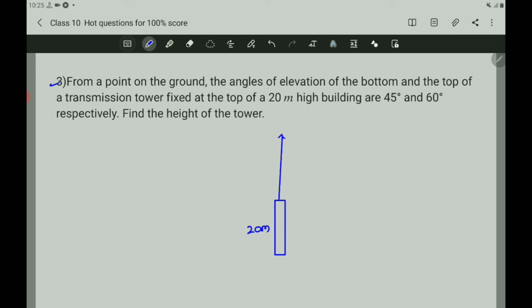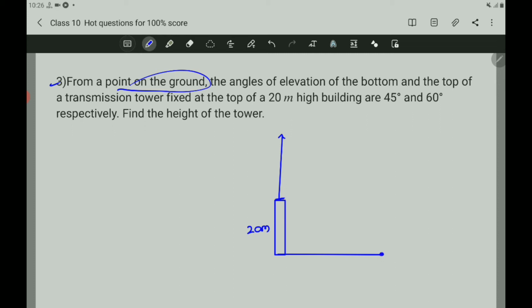And the bottom and the top of the transmission tower is viewed from a point on the ground. So consider this is a point on the ground. You take the point here.